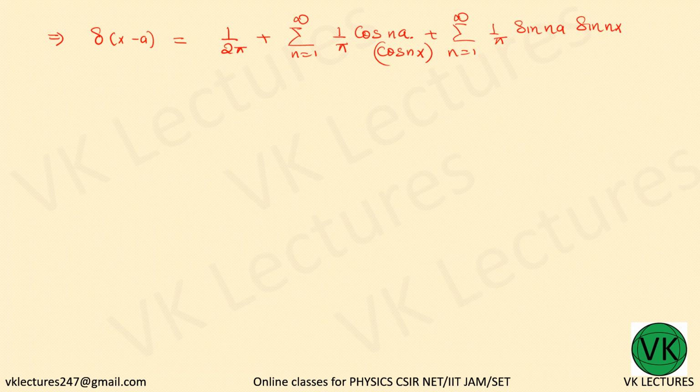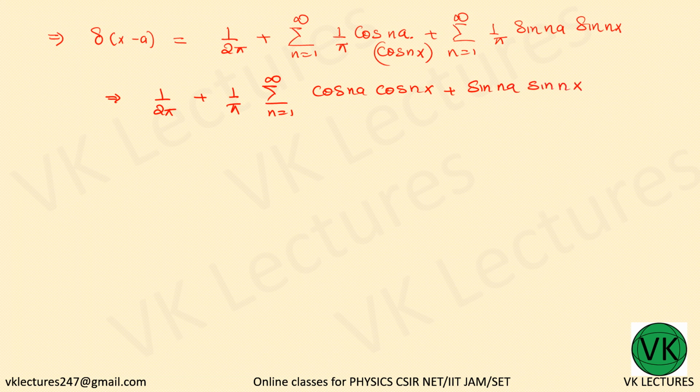And this one we can also further write as 1 by 2 pi plus 1 by pi taken out, sum over n equal to 1 to infinity cos na into cos nx plus sin na into sin nx.